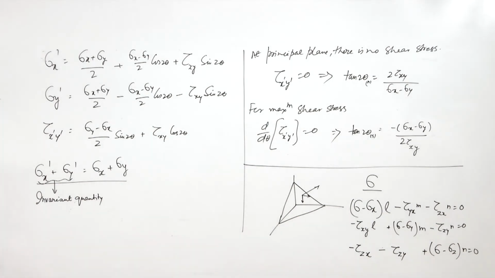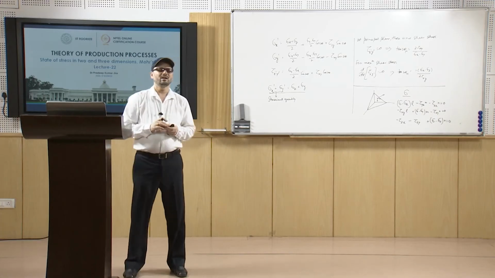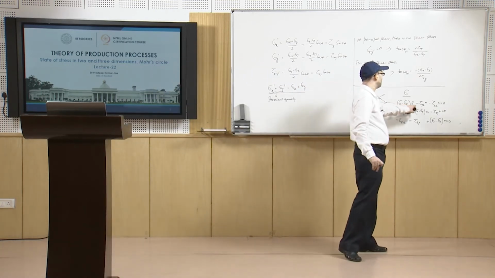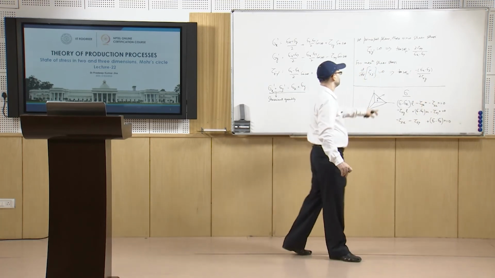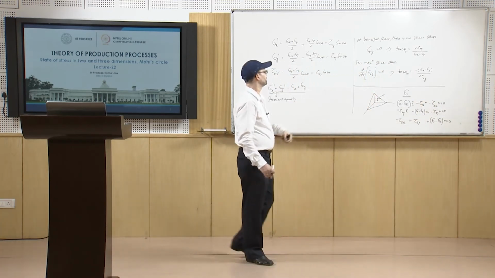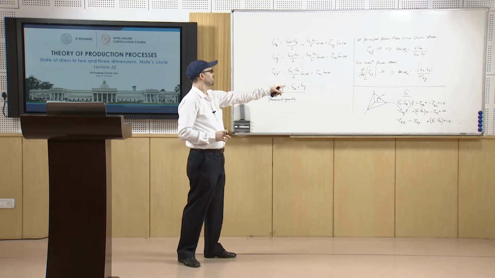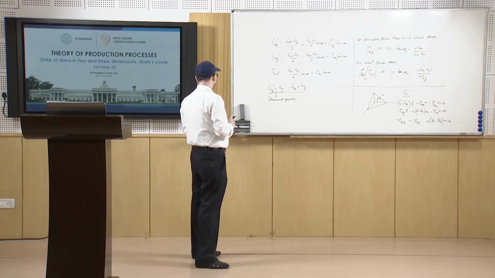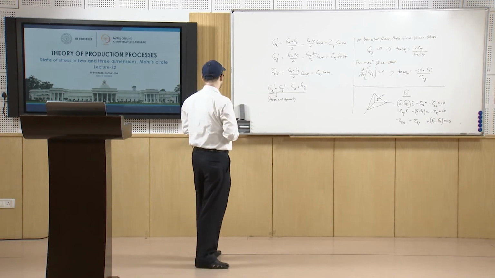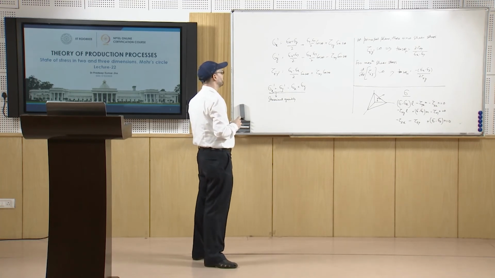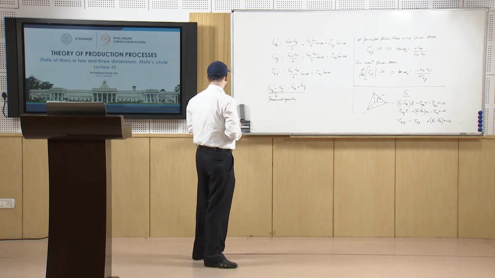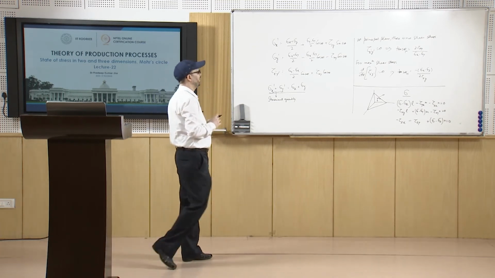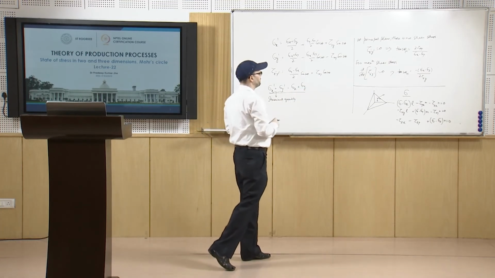Now, these 3 equations, if they are to be solved for getting the non-trivial solution, the coefficients of l, m and n, they are homogeneous linear equations. So, these coefficients form the determinant: sigma minus sigma x, minus tau yx, minus tau zx, then minus tau xy, sigma minus sigma y, minus tau zy, further minus tau xz, minus tau yz, and sigma minus sigma z.